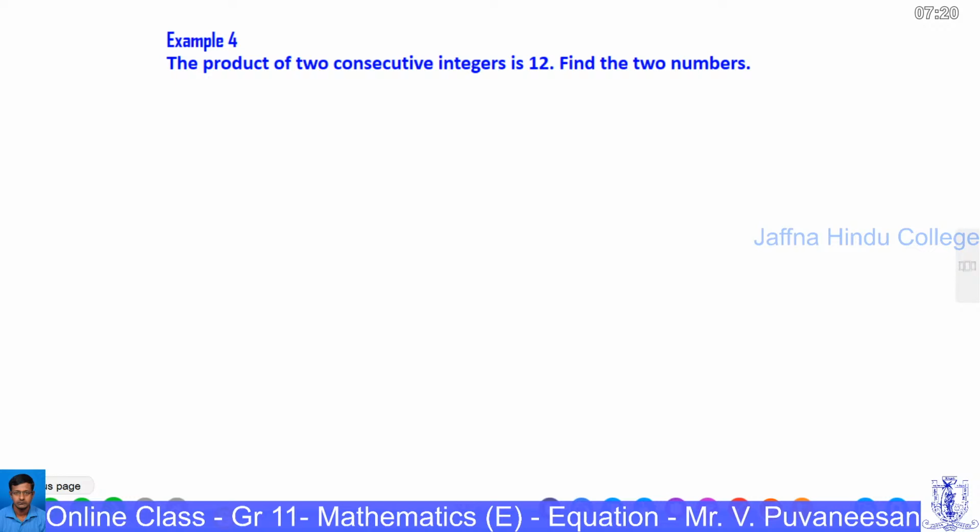Look at the question. The product of two consecutive integers is 12. Find the two numbers. The product of two consecutive integers is 12.